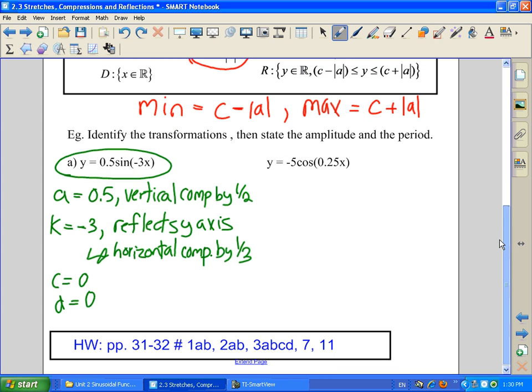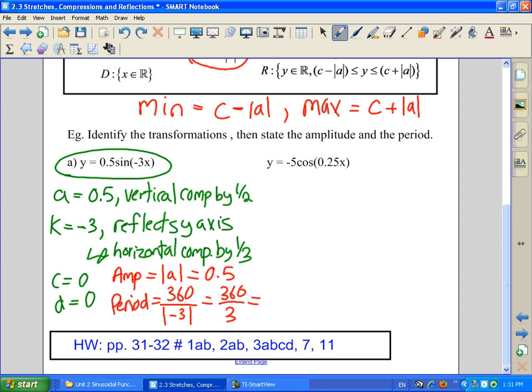Now it asks us for the amplitude. Amplitude equals the absolute value of A, so the amplitude equals 0.5. Your period, put it into that new formula you learned, equals 360 divided by the absolute value of K. Again, K is -3, but the absolute value of -3 equals 3, so your period is now going to be 120 degrees.